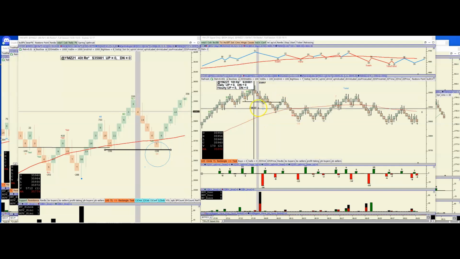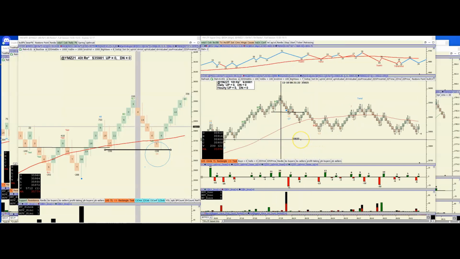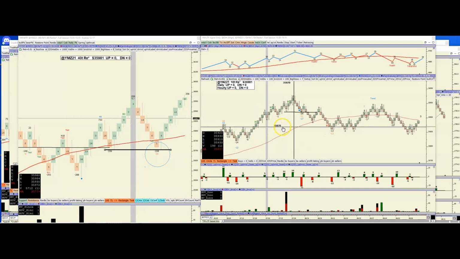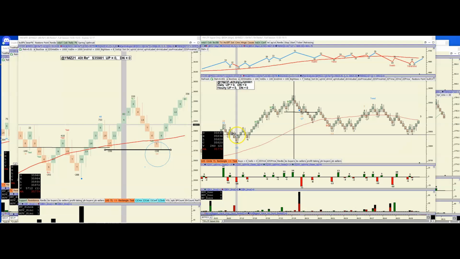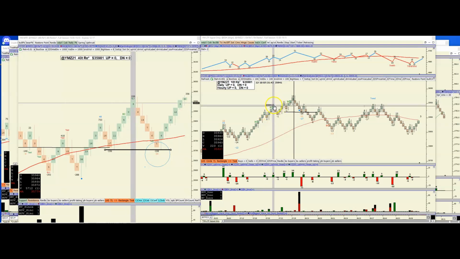And I want to also see if there's any volume in the background here. I don't really see any volume in the background, but I do notice one minor thing, and that is on this 3 brick wave up, there's 6 volume. On the next 3 brick wave up here, there's also 6 volume.